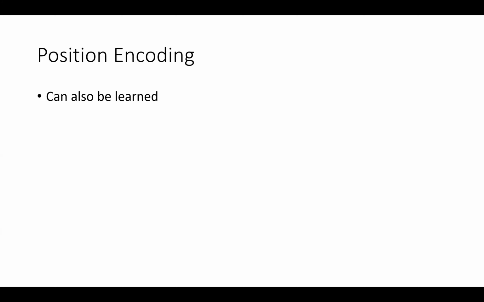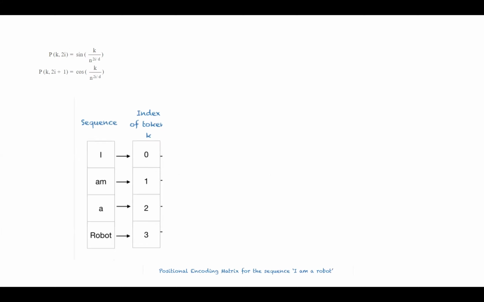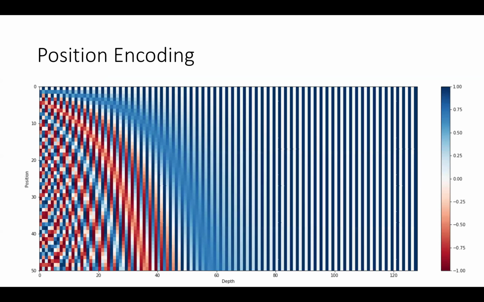In this case, when I show you here, our token embedding is 128 dimensional, so we're going to initialize a 128 dimensional vector randomly, and we'll learn it as we learn the K, Q, and V weight matrices. So that's another way, learnable position encoding. Okay.